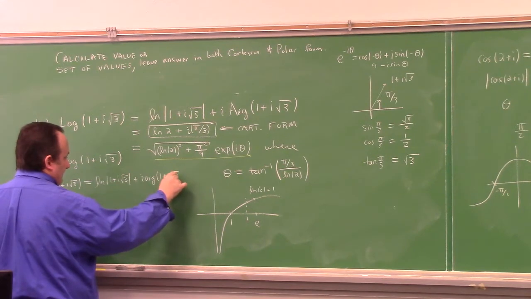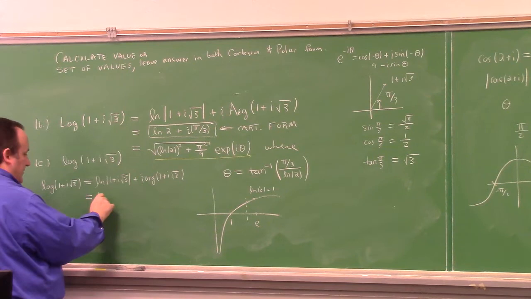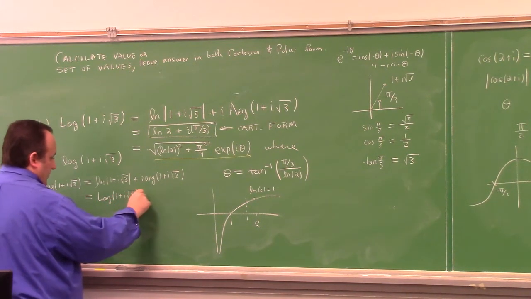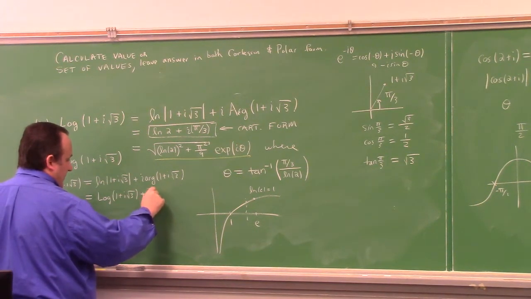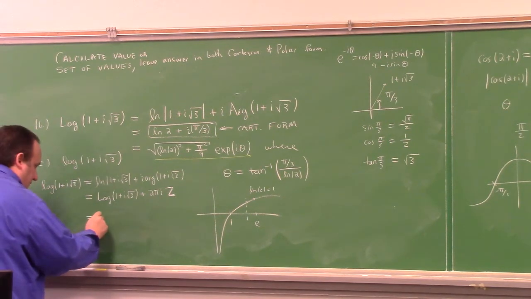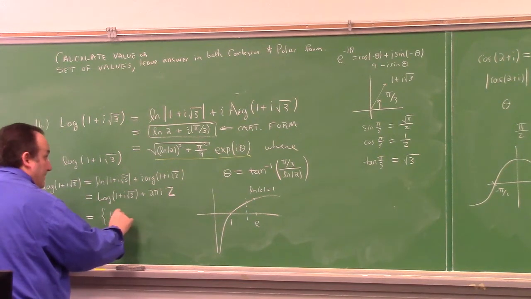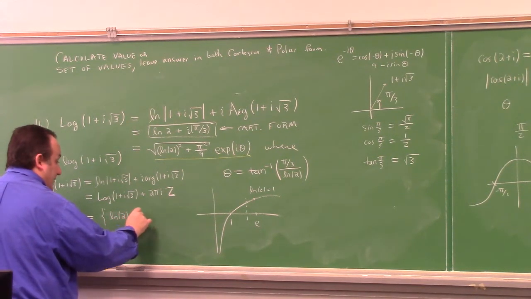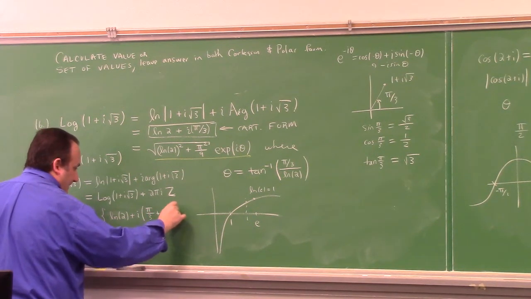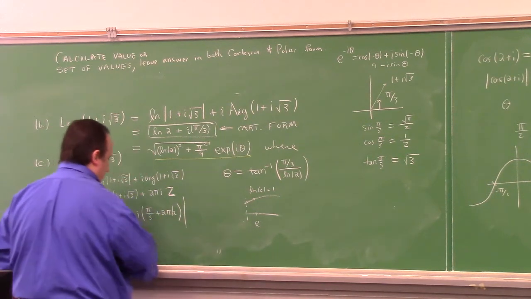Well, we know that's pi over 3, or you could just write it this way: it is the capital Log of 1 plus i root 3 plus integer multiples of 2 pi i. So specifically, this is the set of values natural log of 2 plus i times (pi over 3 plus 2 pi k), such that k is an integer.